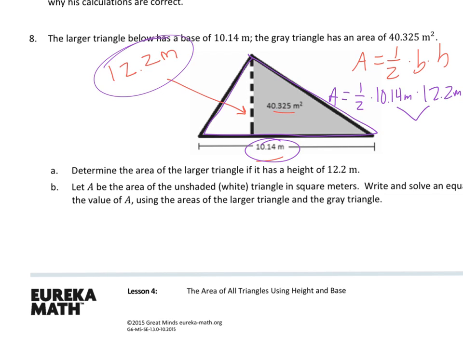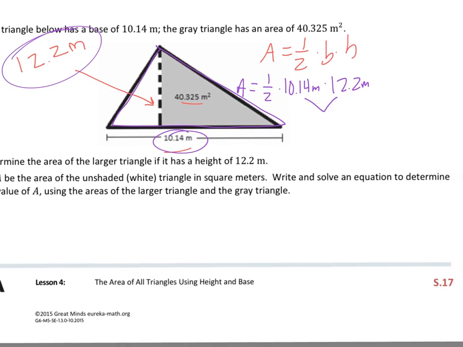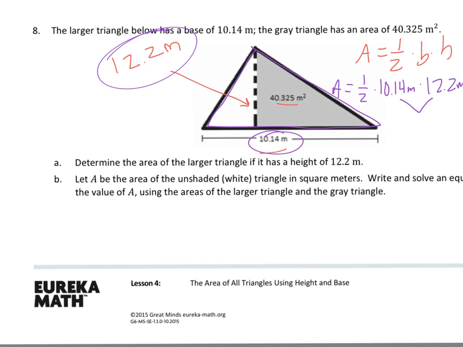And then you'll have to write an equation to solve to determine the value of A, which is the area unshaded. So what they're really looking for is this white space here. So if you find the whole area, which is this whole one that you're going to calculate right here in purple, and then you can subtract out the shaded piece because they already gave it to you. That's going to get you A.